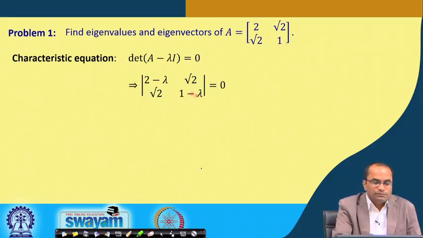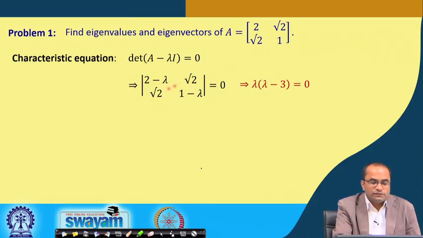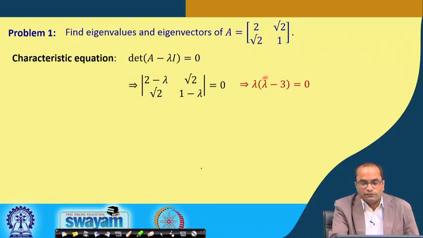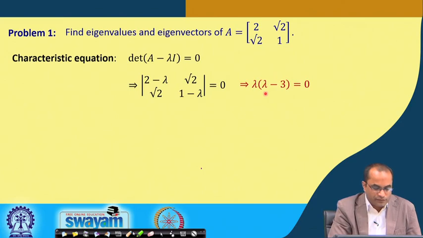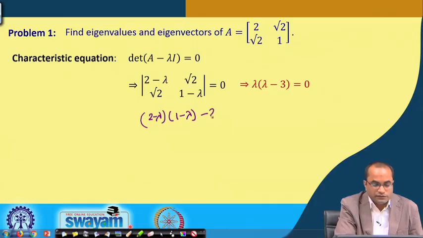And now, we can simplify this easily. We can multiply 2 minus lambda by 1 minus lambda, and then subtract this 2. So, this is 2 minus lambda times 1 minus lambda, minus 2.